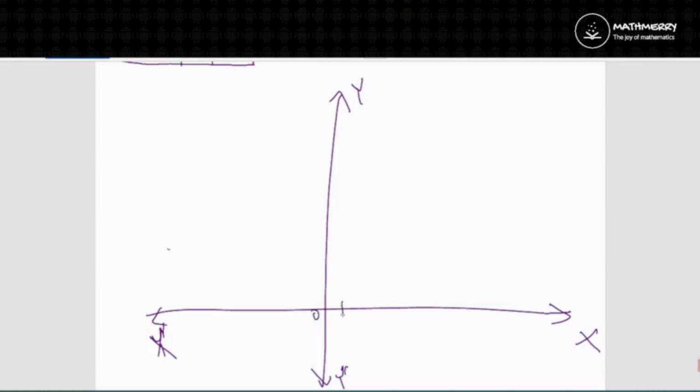So 0, 1, 2, 3, 4, 5, 6, 7, 8, 9, 10. So these are our points.